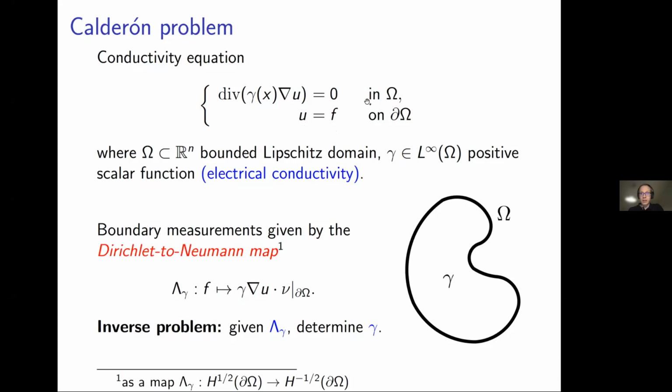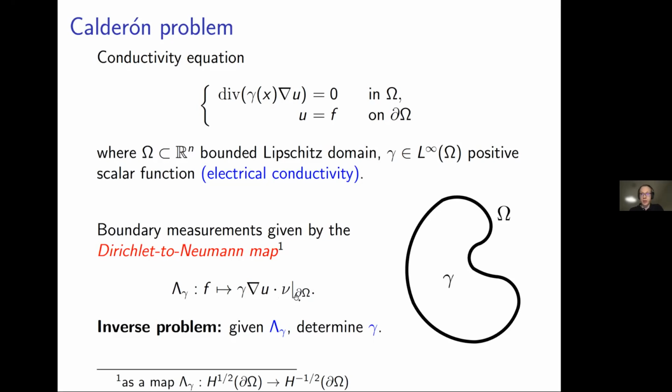And the idea is that you use your electrodes on the boundary to put many different Dirichlet data f, and then you always measure the corresponding currents, which are given by this Neumann data, gamma times the normal derivative of the solution u at the boundary. And you repeat this for many Dirichlet data f, always measure the corresponding currents.